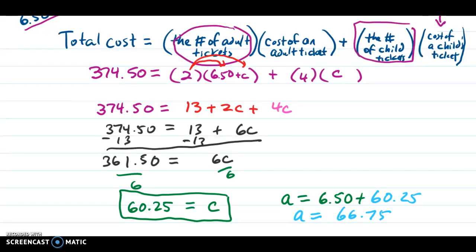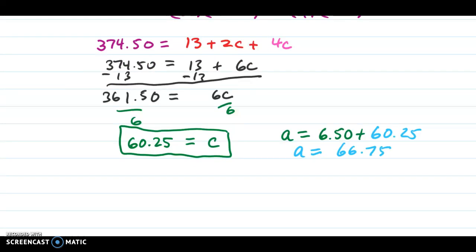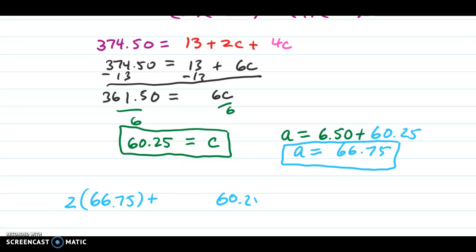We're done with this part, but what I recommend is that you check to see if it checks out. If we were to take $66.75 and multiply it by 2 adult tickets, and take the child's price of $60.25 and multiply it by 4 child's tickets, will it give us the price that the problem said it was, $374.50?